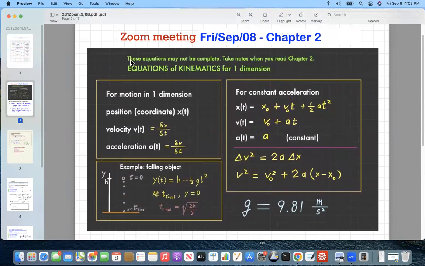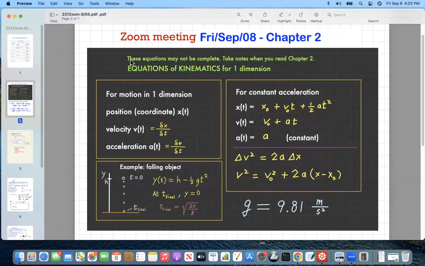You want to have a complete set of important equations. You don't want to write down every equation. That would be too much. You want to write down all the important equations. So for each section in a chapter, there might be three equations that are important for that section.